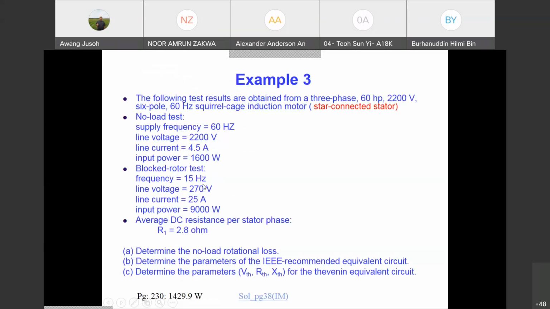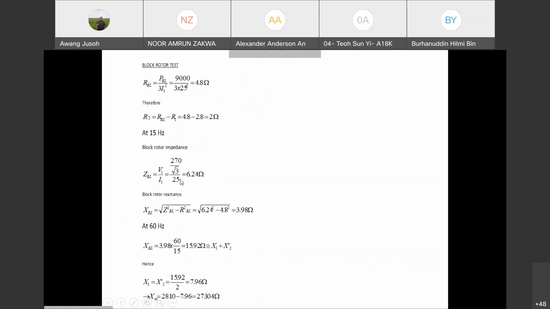Line voltage divided by root 3 gives you phase voltage. Divided by current, you got 1.64. This is ZBL. And then you can find XBL, the reactance during block rotor test, which is the square root of ZBL squared minus RBL squared. You can have this 3.98, this XBL.